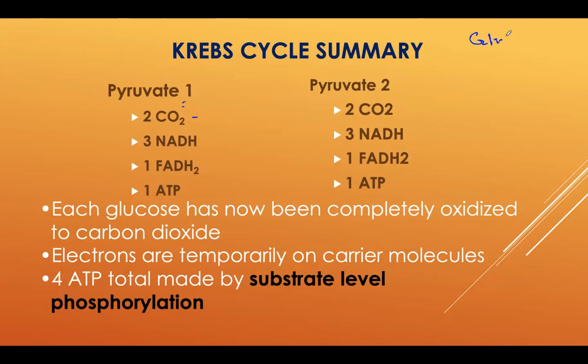One molecule of glucose actually breaks down into 2 molecules of pyruvate, right? So from one pyruvate in the Krebs cycle, we get this. So from 2, that's the production. So basically 4 carbon dioxide, 6 NADH, 2 FADH, and 2 ATP.